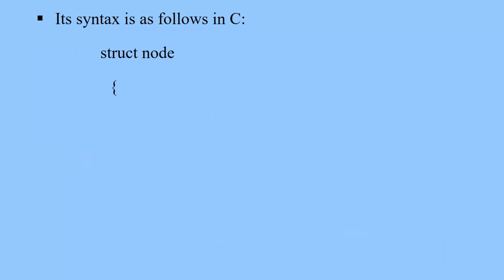So struct node has one member, data of type integer, and the other is a pointer to the next node, which is struct node, called next.